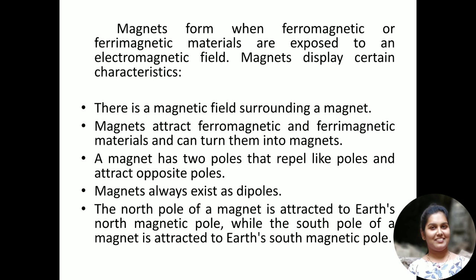Next, the other point is that magnets always exist as dipoles. In other words, if you cut a magnet in half to separate the north and south pole, cutting makes that magnet into two smaller magnets which each have north and south poles.